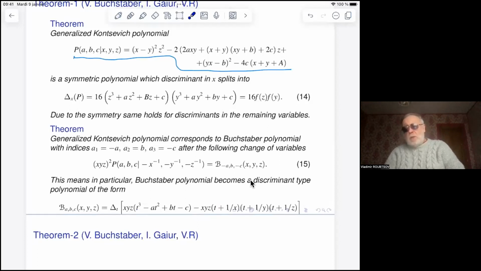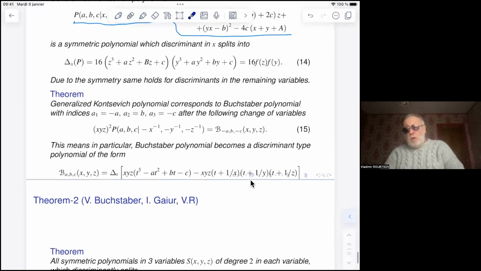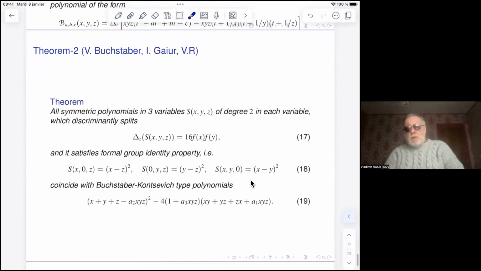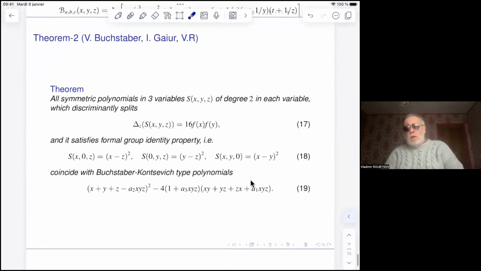It's a simple statement. But what is much more interesting is that we proved the following classification result: all symmetric polynomials with three variables x, y, z, of degree 2 in each variable, which admit this split discriminant property, should also satisfy the formal group identity.